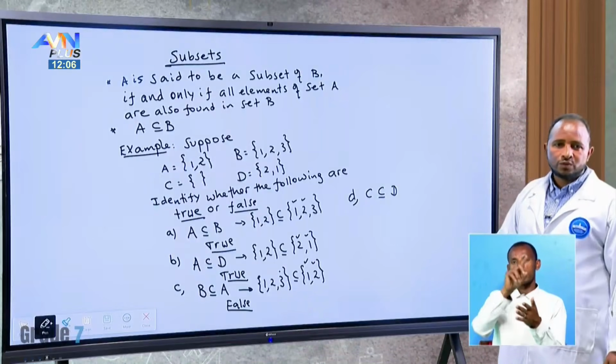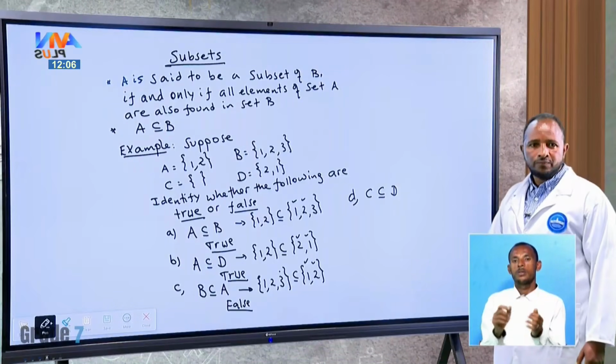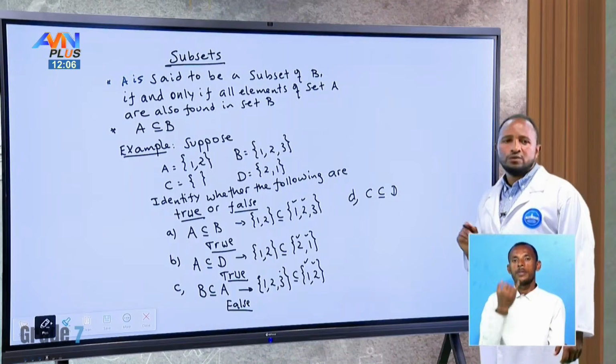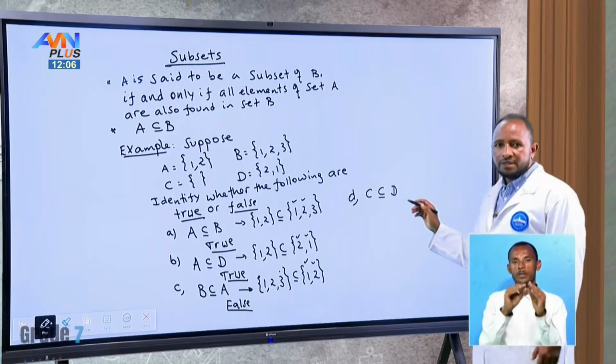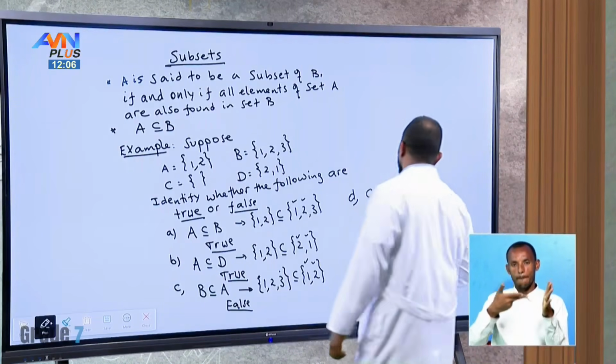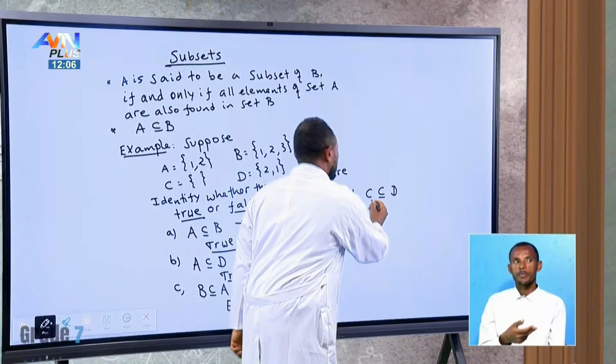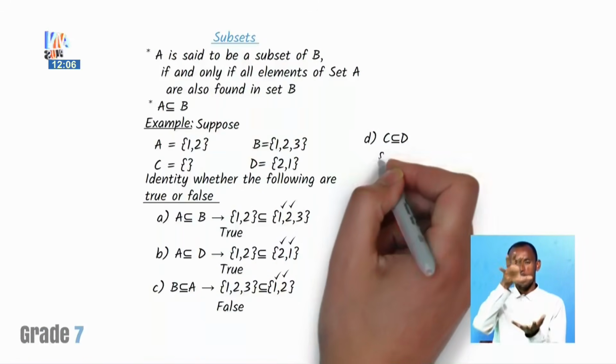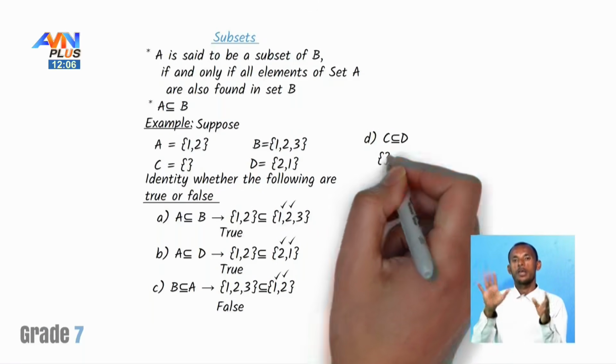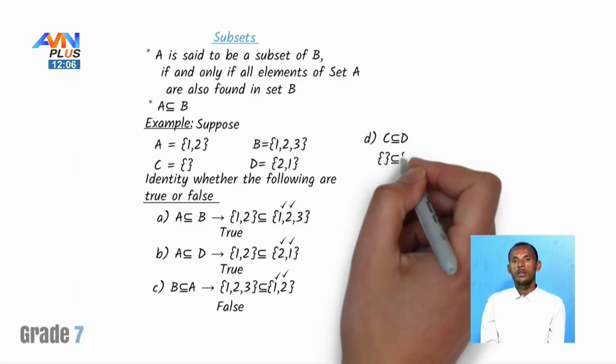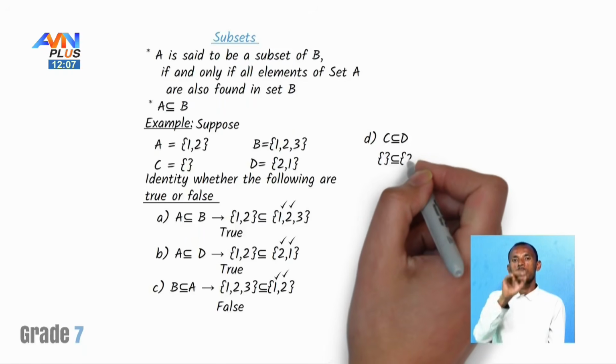Let's see this question together. Is C a subset of D? Which means set C has no element. Subset of set D, which contains 2 and 1.